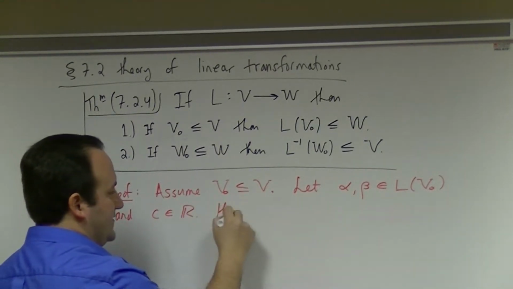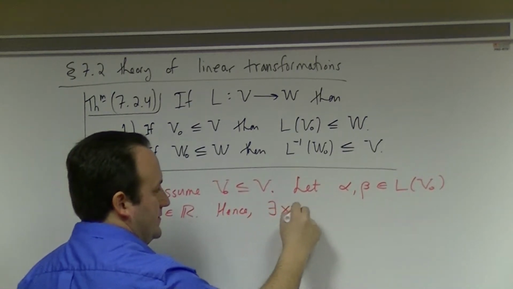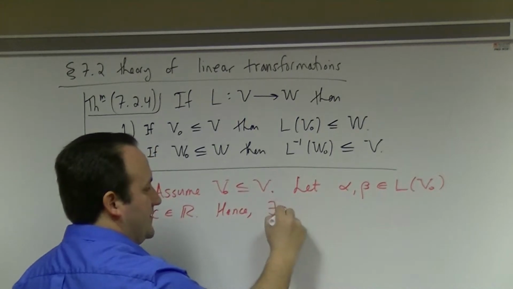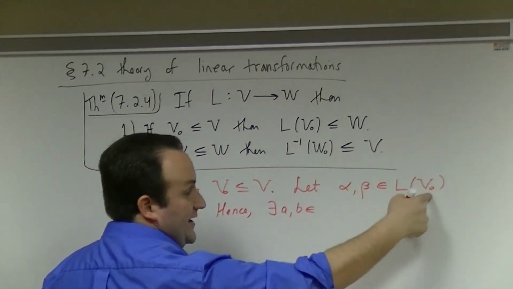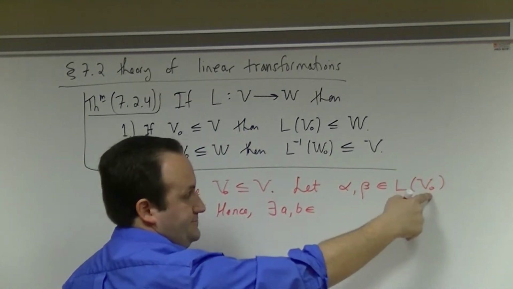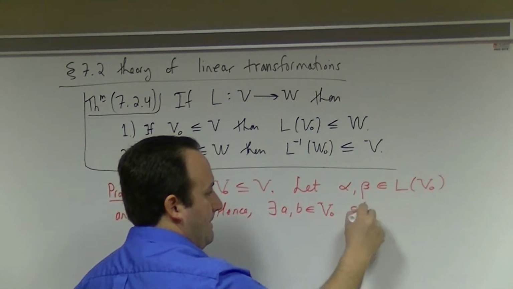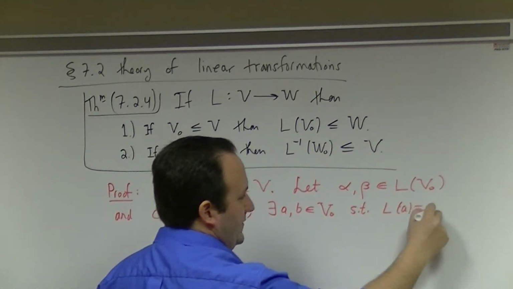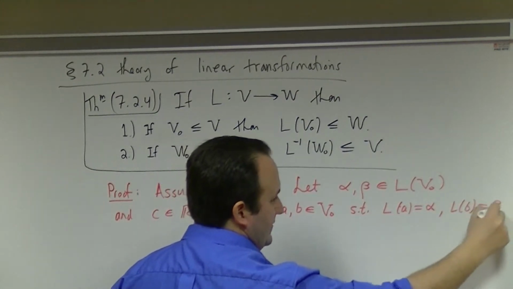Hence, there exist A and B in V naught such that L of A is equal to alpha, and L of B is equal to beta.